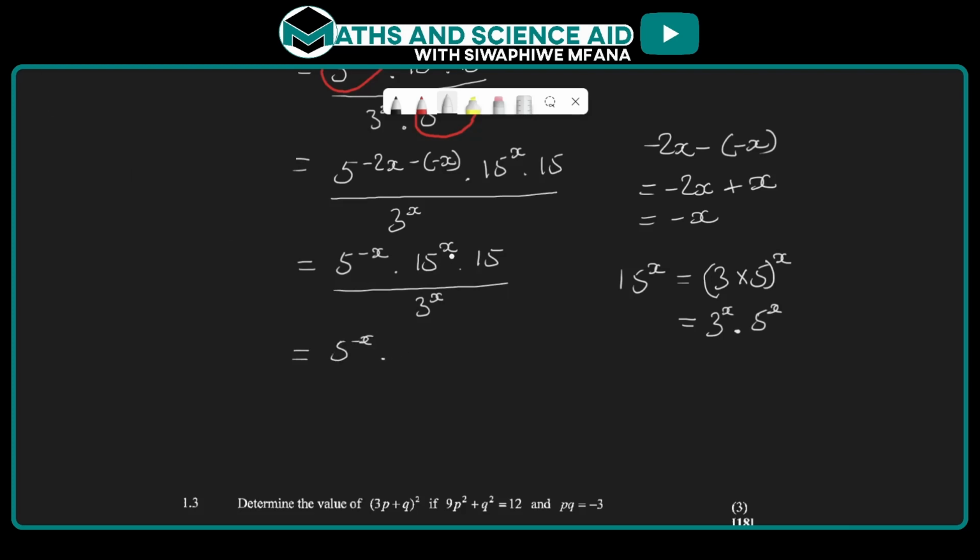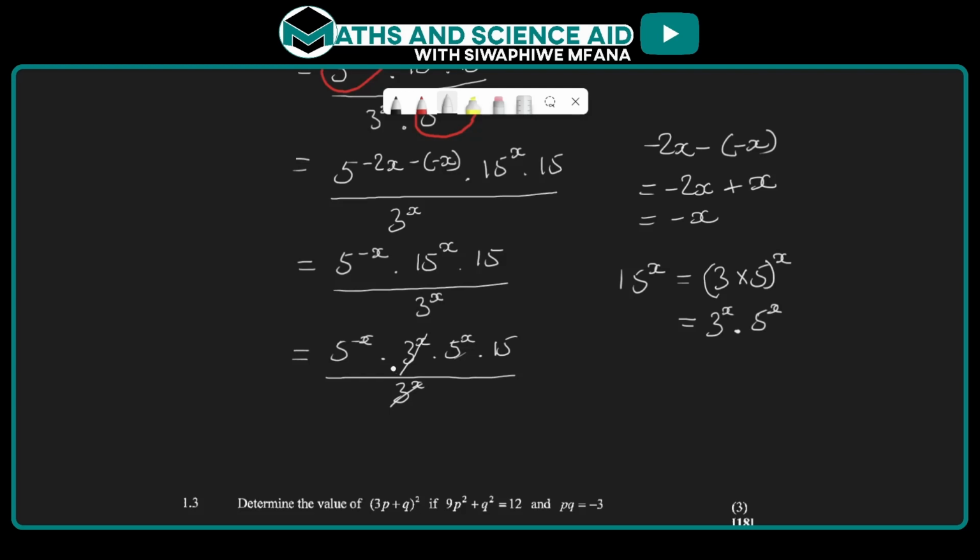So then I am going to write 15 to the power of x like this. And so in place of 15 to the power of x, we are going to have 3 to the power of x multiplied by 5 to the power of x multiplied by 15. And then we divide all of this by 3 to the power of x. And now all of these numbers or exponents in the numerator have a multiplication sign between them. So this means that we can cancel this 3 to the power of x with this 3 to the power of x.